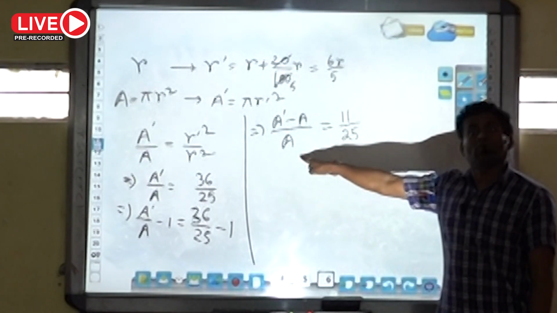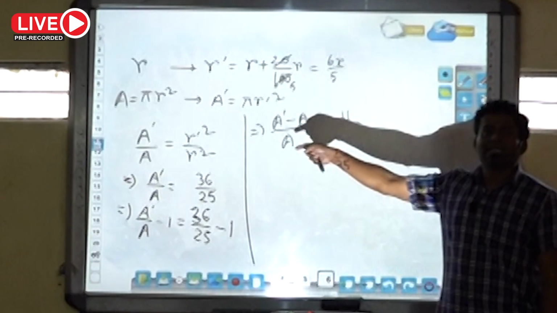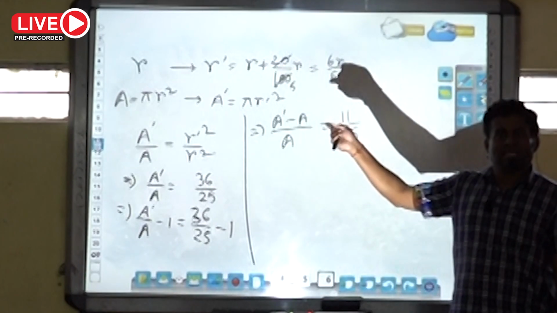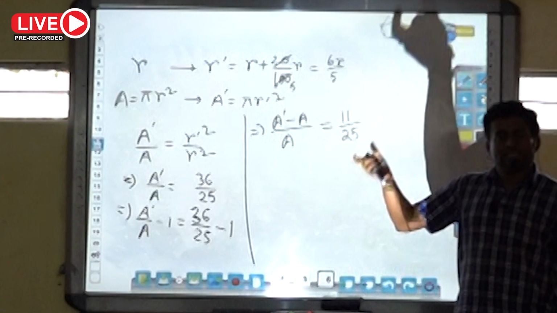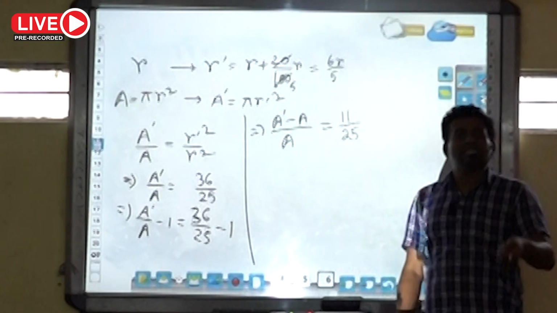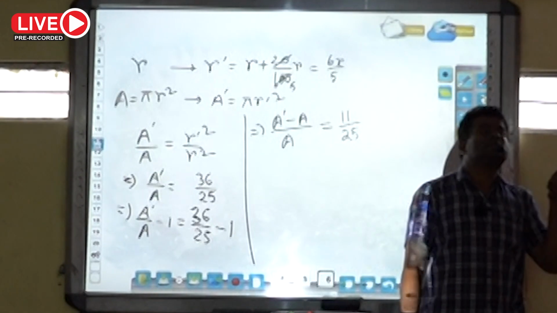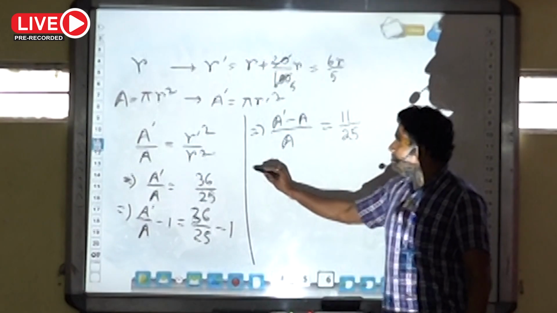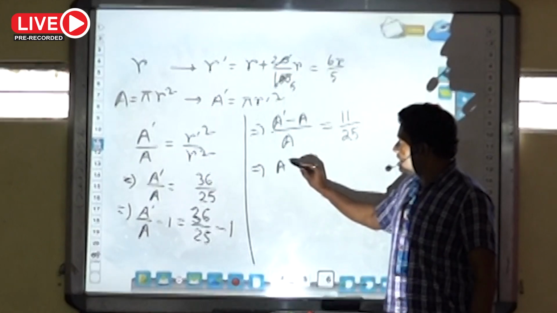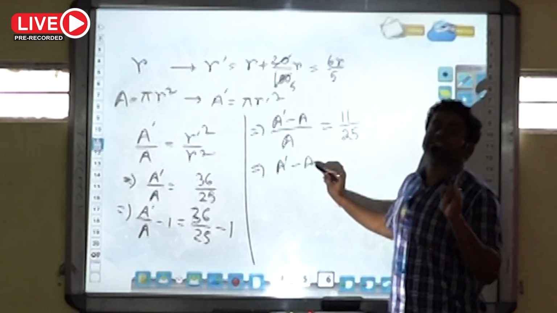Then we divide it by original area such that it will become dimensionless, which is termed as proportional error. Then multiply both sides by 100 to get the percentage error.